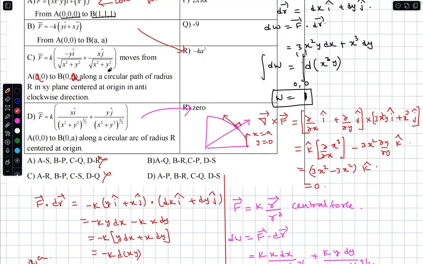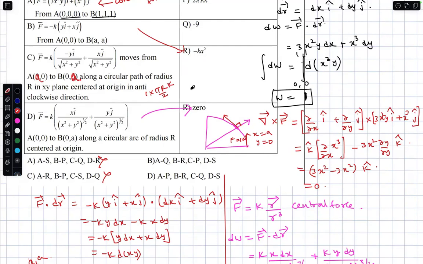So a by a is 1. The magnitude of the force is 1 Newton. With 1 Newton force, you are moving along a quarter circle. If it is moving along a quarter circle, it is 1 times pi r by 2 into k.